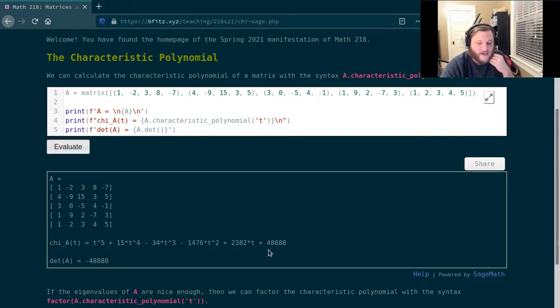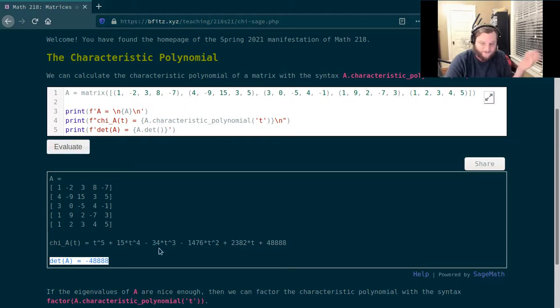The constant coefficient here is plus 48,888. The size of this matrix is 5, so the determinant should be negative the constant coefficient, which is negative 48,888, and that's exactly what we're finding here.